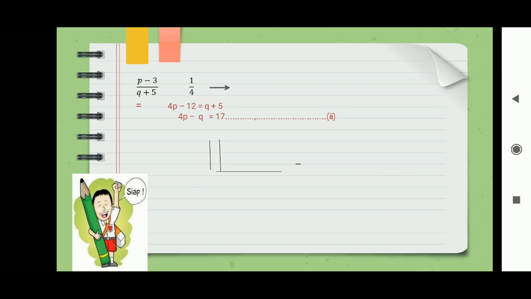Stated equation 2. Elimination of equations 1 and 2: 5P minus 4Q equals 2 and 4P minus Q equals 17.